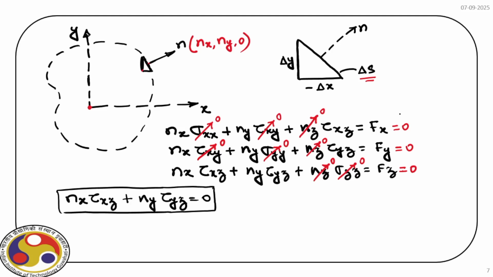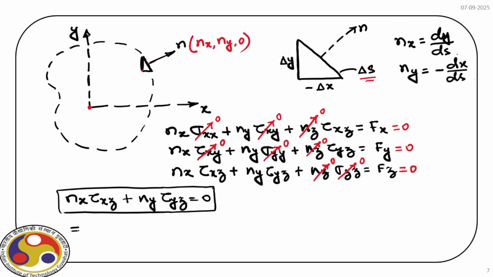Now from this diagram, what you can see, what is nx? Nx is dy ds, and ny is equal to minus dx ds.